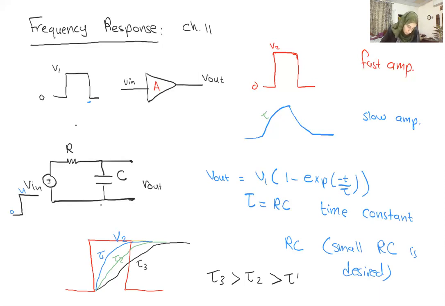It will reach only this point here, which is not the final value that we are aiming for. This can be a very bad situation. Therefore, we need to be careful in how we design our amplifier.